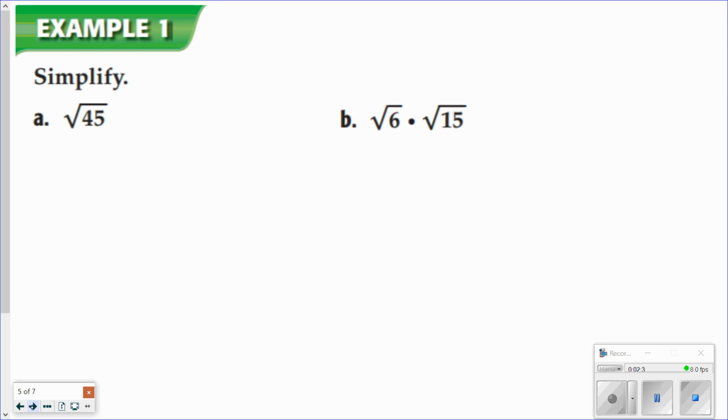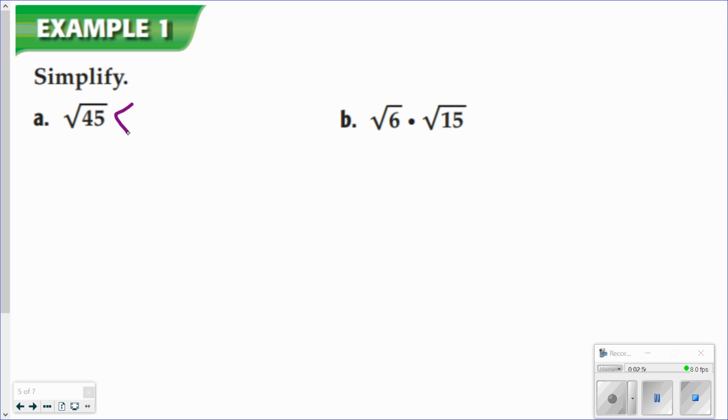So why are these square numbers important? Well, if we're simplifying radicals, we want to break out these perfect square numbers. So for example, I have the square root of 45. I want to look at this and say, which perfect square is divisible by 45?